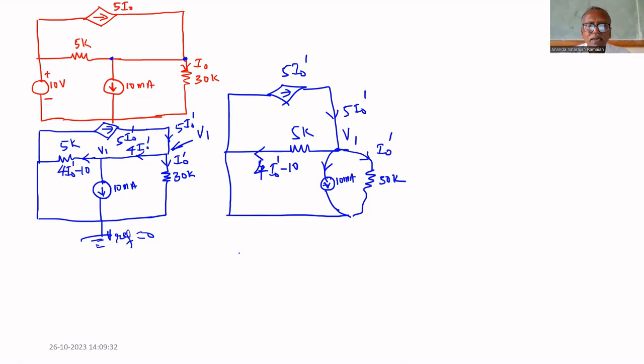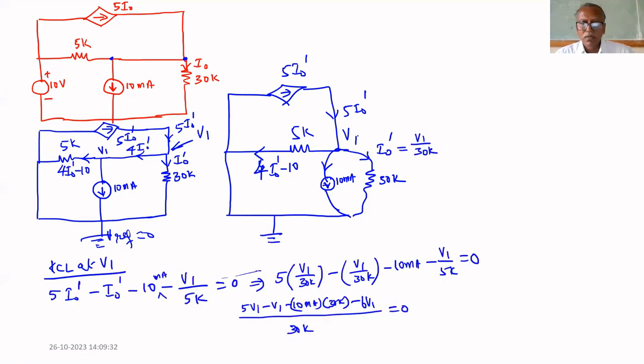Therefore, we can write the KCL at V1. So what you will get, this implies V1 equal to minus 150.